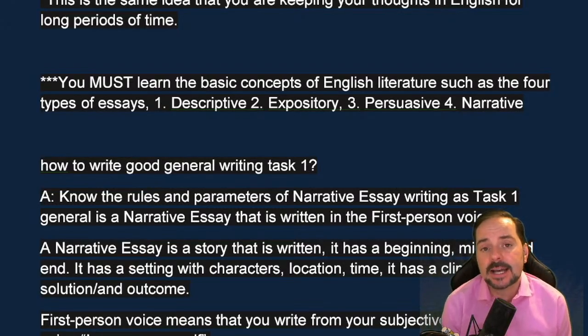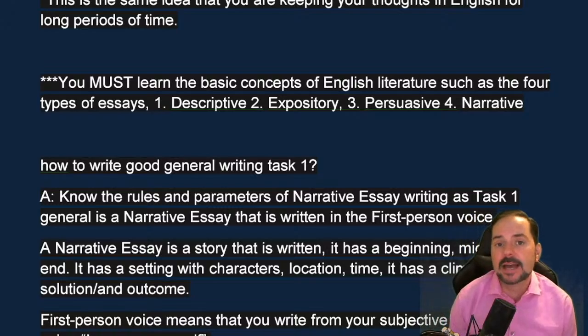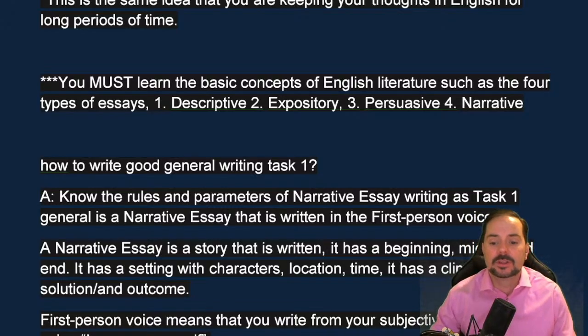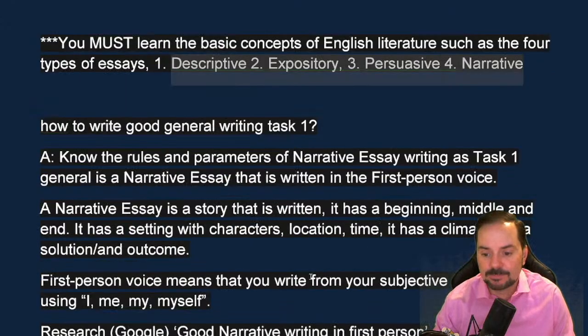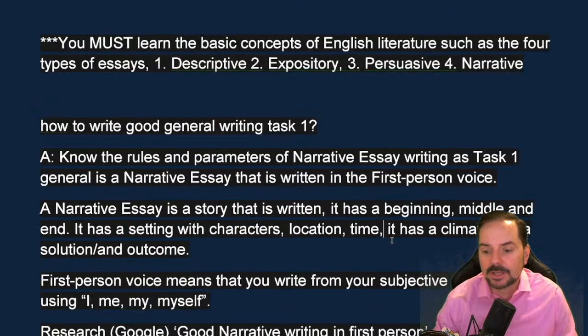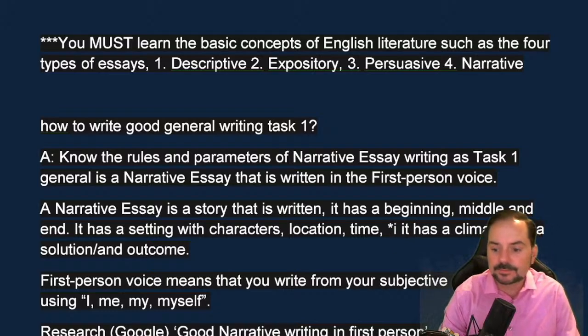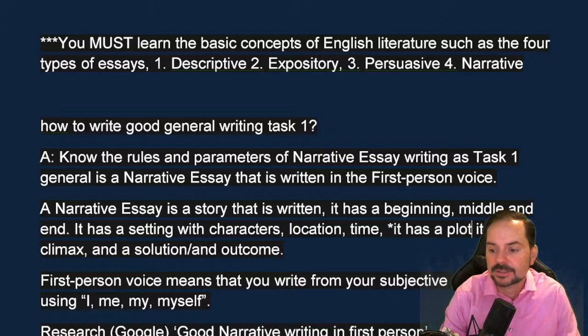So, General IELTS Task 1, narrative writing features, literary tools, okay? You have to have that kind of setting. The one important word I'm missing here is plot. It wasn't coming to my mind, okay? So it has a plot.